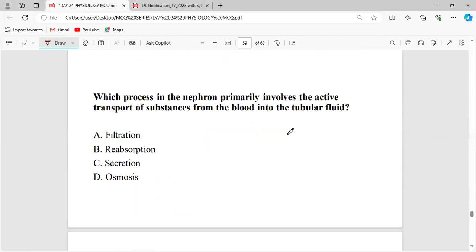Now, which process in the nephron primarily involves the active transport of substances from the blood into the tubular fluid?